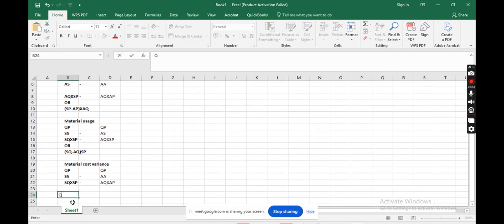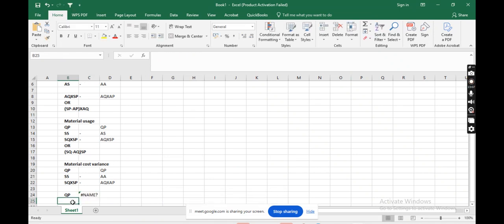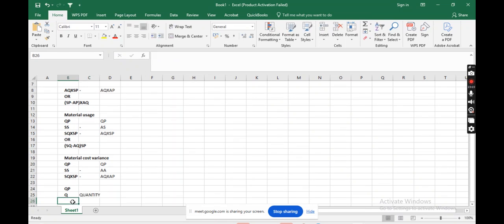QP is equal to quantity and price. Q is equal to quantity, P is equal to price.